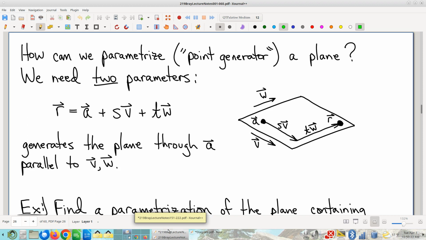And then we talked about lines, and you can have, in some cases, an equation of a line. In some cases, it's symmetric equations of a line. And parameterized lines. And while we were doing all that stuff, we made the observation that you can also parameterize the plane.